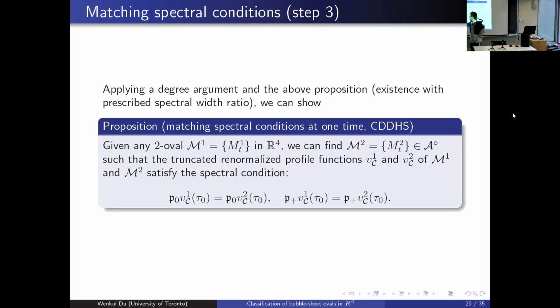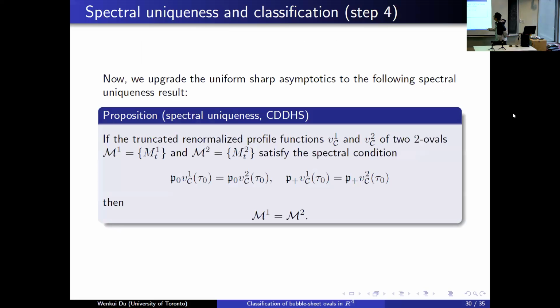So we have this proposition that we can match the positive and neutral modes, but how about the other modes? Can the agreement of these two modes imply rigidity and uniqueness? Actually, yes.